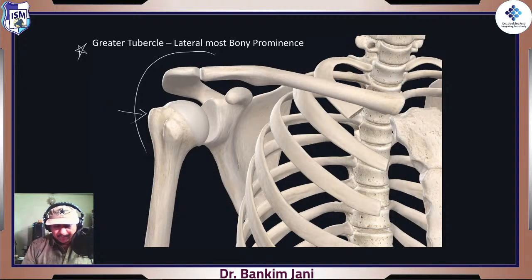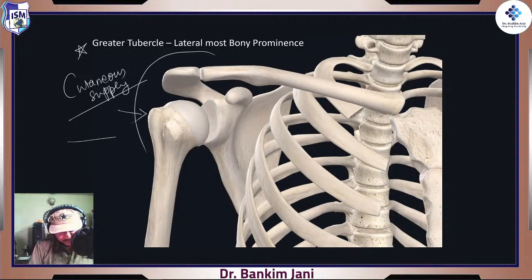So there is something which is very interesting about this round contour. What's called the cutaneous supply. It is divided into, let's say, 2 parts, the upper half and the lower half. So think of it that way.